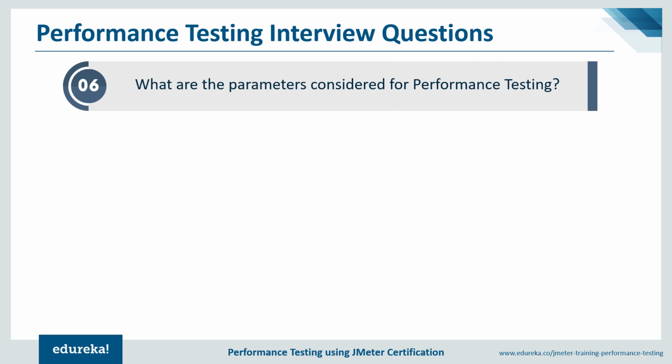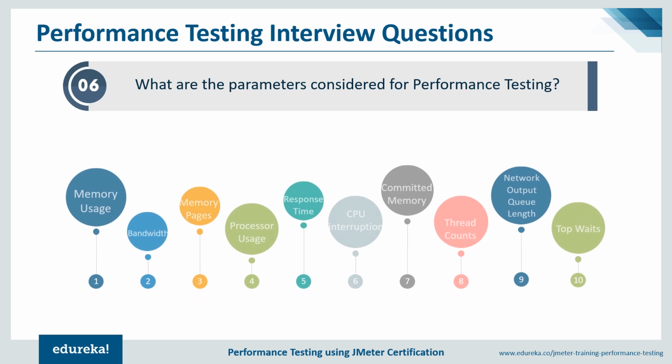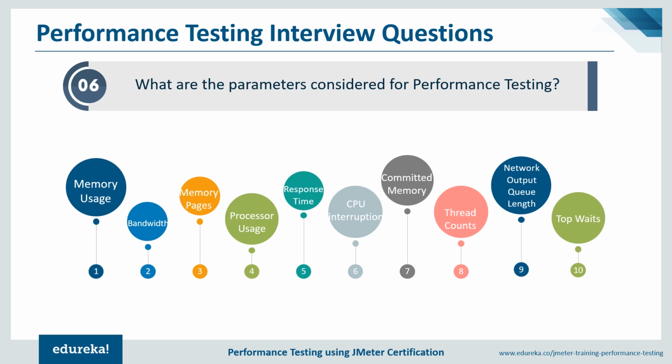Next up, what are the parameters considered for performance testing? Now, before the performance testing takes place, there are certain parameters that we must consider. So let's have a look at all of those parameters that we must keep in mind. So first we have the memory usage. How much memory is being used here? Then we have the bandwidth. We must calculate the bandwidth of our product as well.